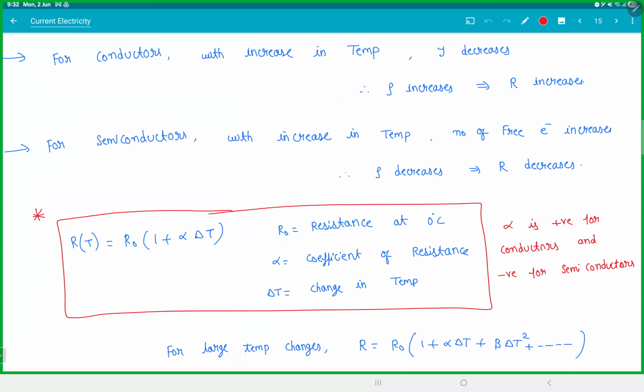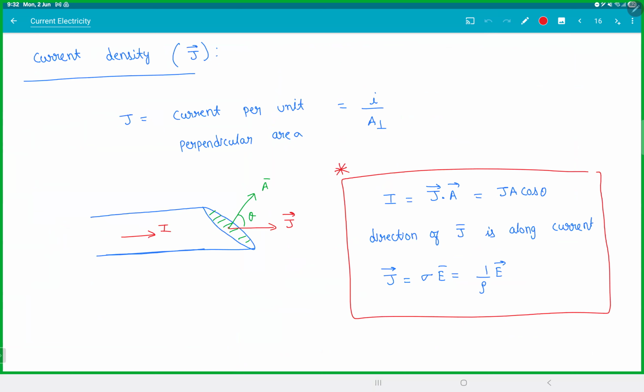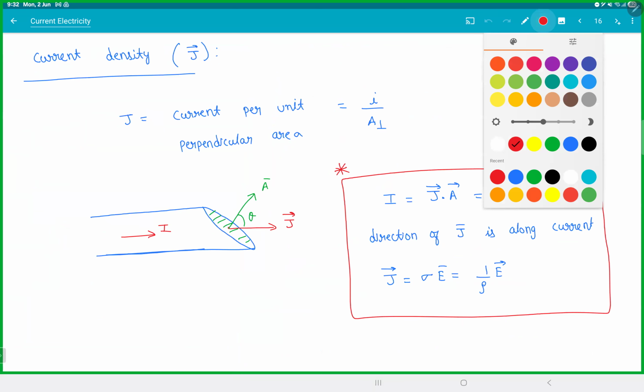Then our resistance at temperature T is this. And this one is really important: J is equal to sigma E.